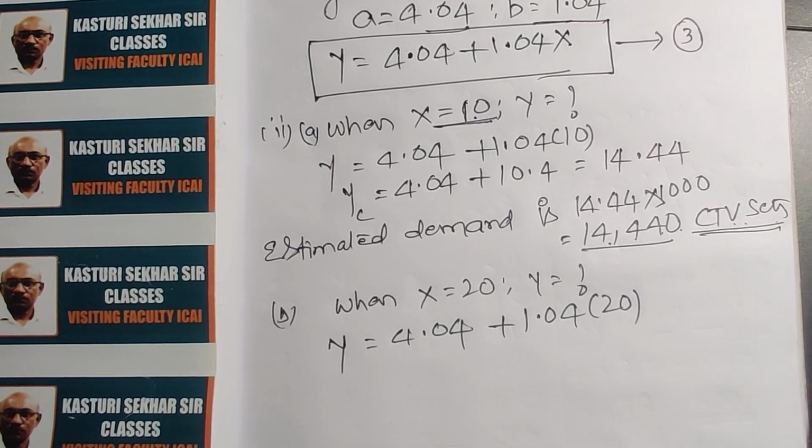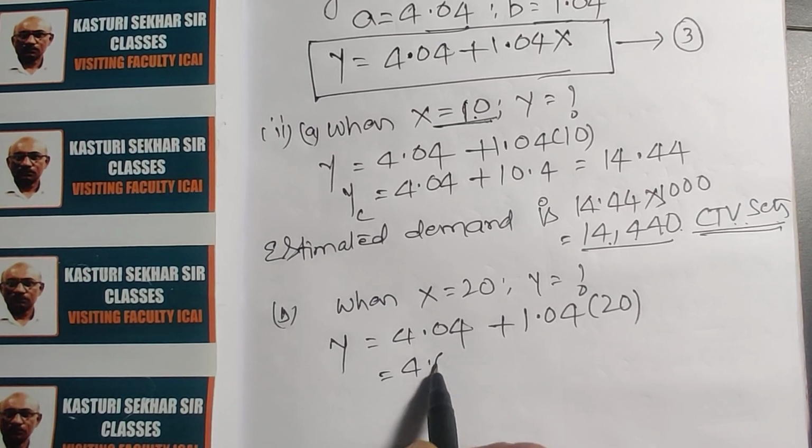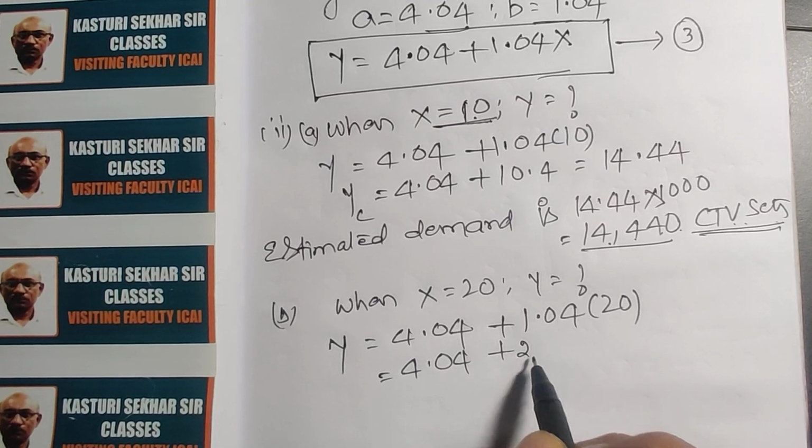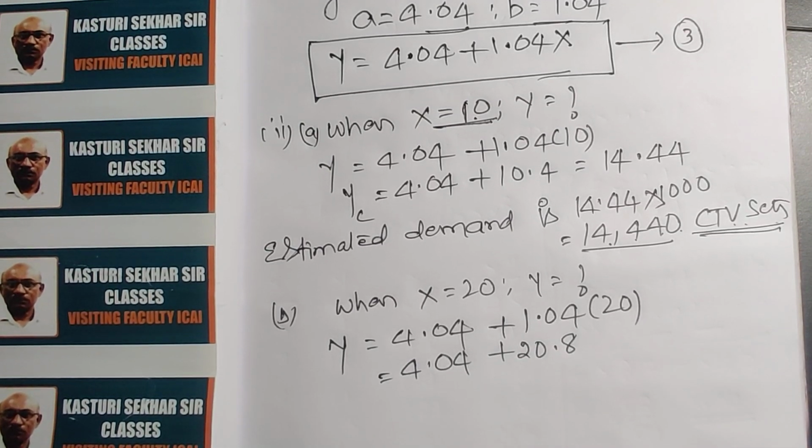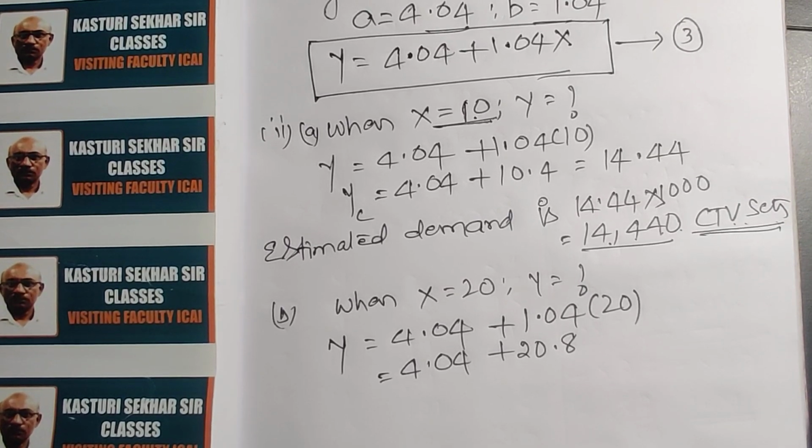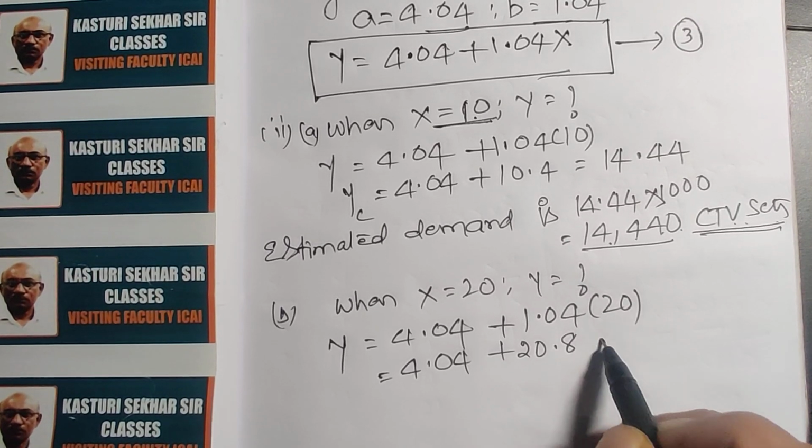So it is 1.04 into 20, 20.8. To this I am adding 4.04. You'll get 24.84.